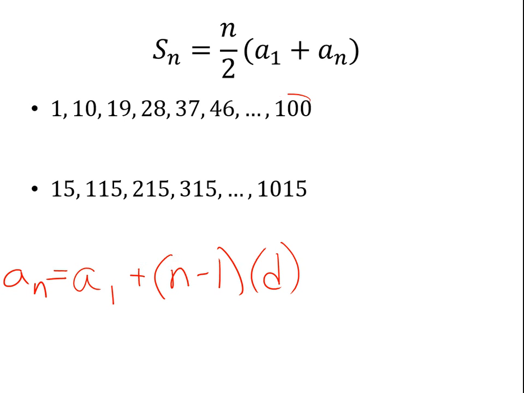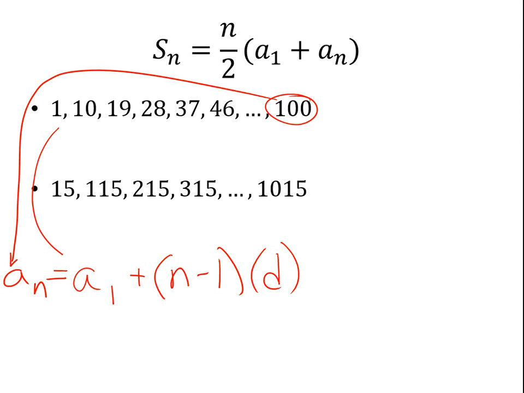What you can do is plug the 100 in for an, 1 in for a1, and then you're trying to solve for n. And d in this first case would be 9. You'd go through and solve it, find what n is, and then find what the sum is.